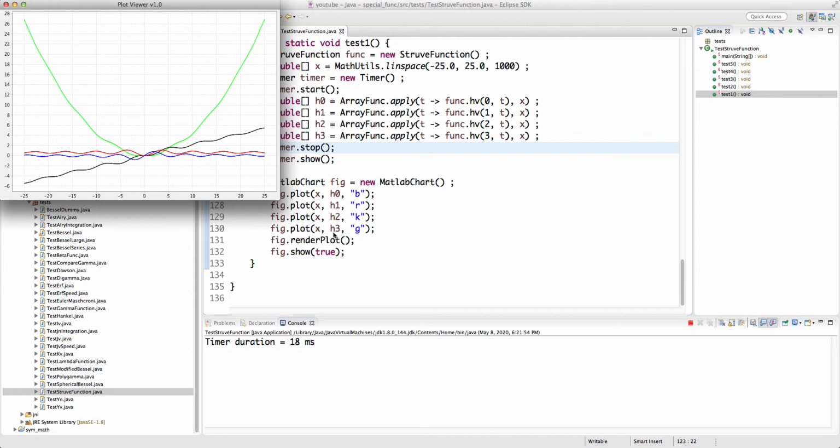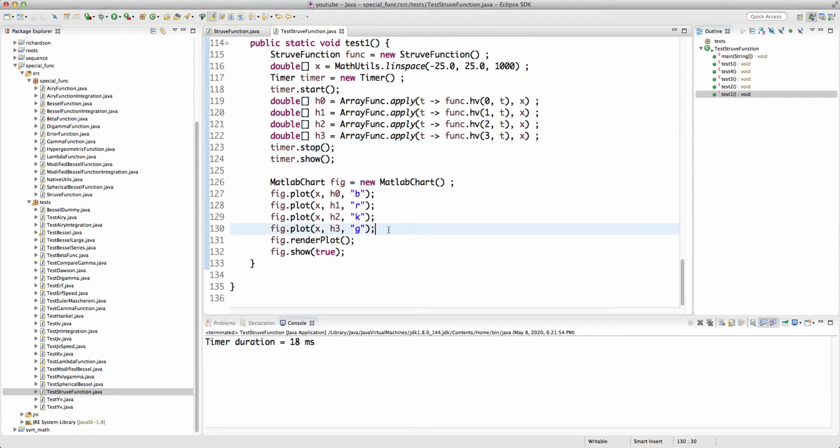So for example, let's turn the legend on. So 2f, this is H0 of x, H1 of x. So 2f is just the line width of the plots, and then this is the legend or the label. H2 of x, this is the Struve function, H function, and H3 of x.